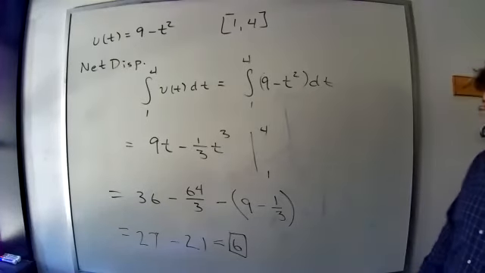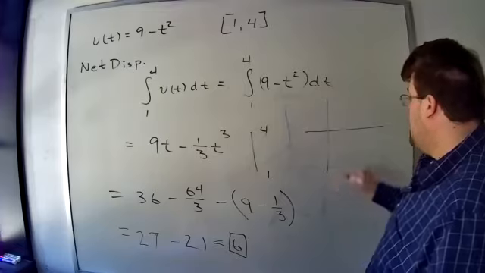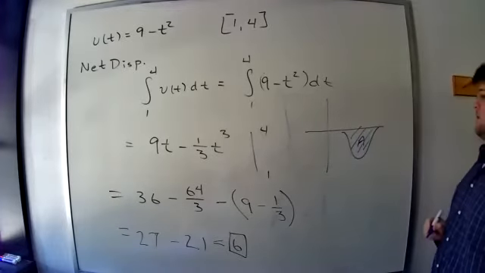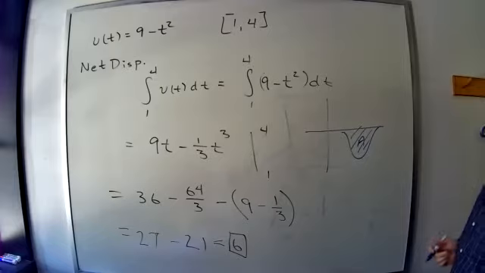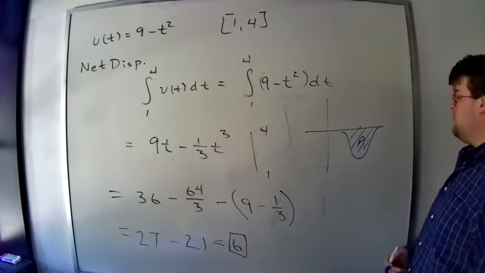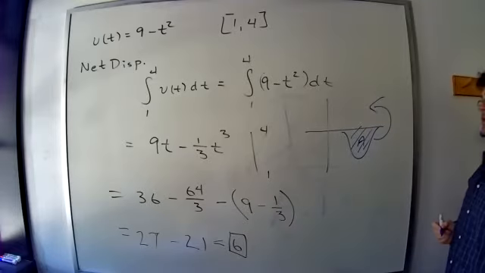But for total distance traveled, if we're concerned with an area below the x-axis, we want walking backwards to contribute to our distance traveled, meaning we want it above the x-axis.